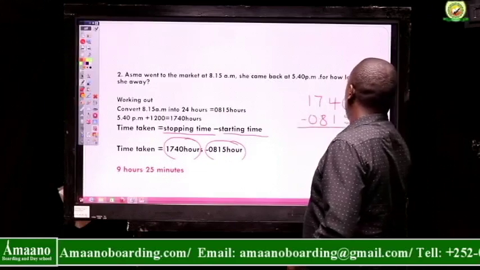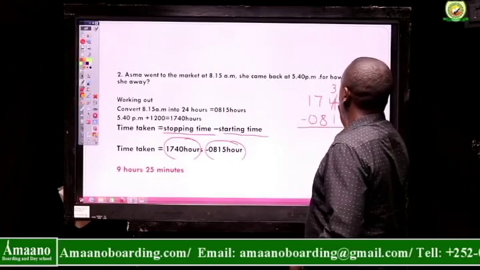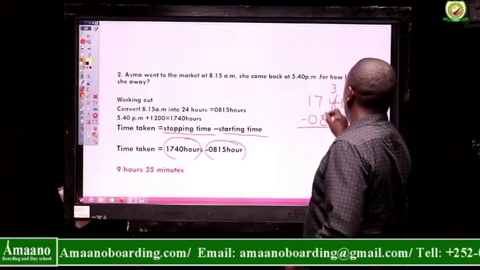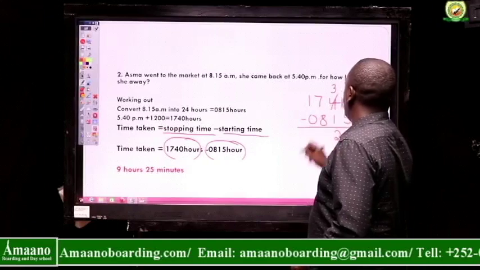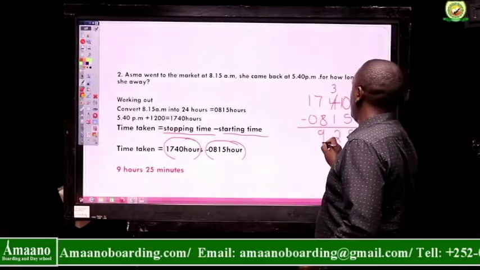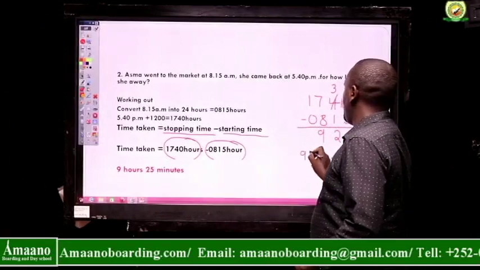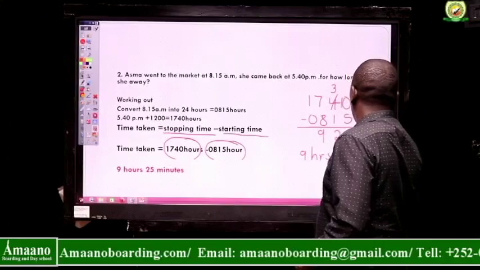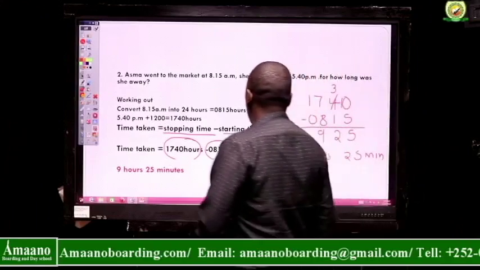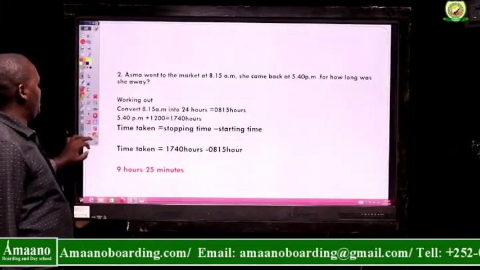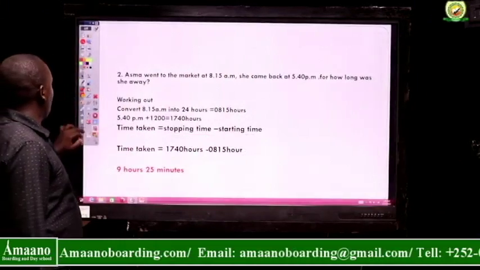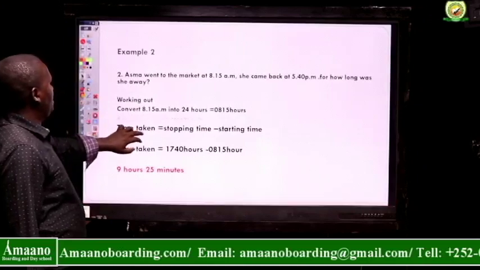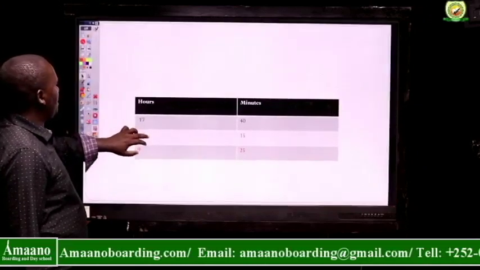I cancel 3, I make it 10, that is 5. This is 2, and this is 17, take away that is 9. So I'll have 9 hours and 25 minutes. That's how we find the time taken by Asma. And that one is shown in the next slide. So we can go to example number 3.